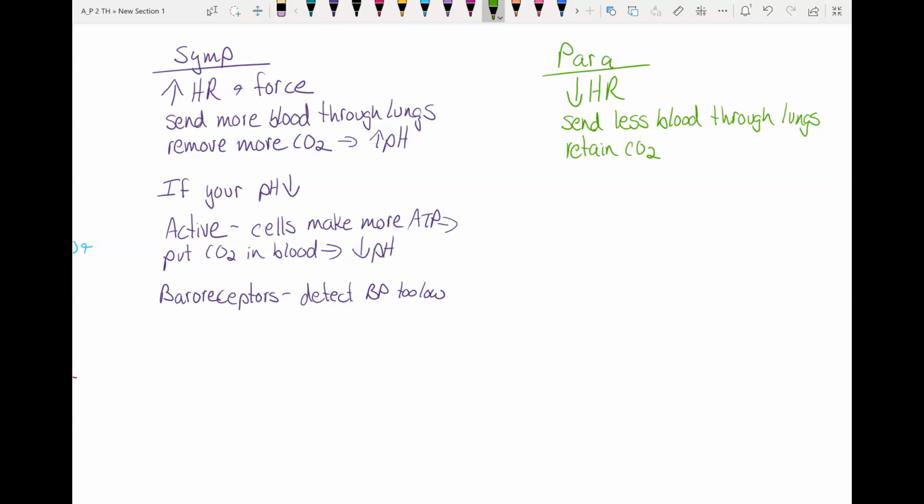And if you retain carbon dioxide, there's going to be more of it there, making acid, which is going to lower your pH. So remember, the results have to match the stimulus. What would cause your medulla oblongata to decide to do this? Well, it would decide to do this if your pH is going up too high.